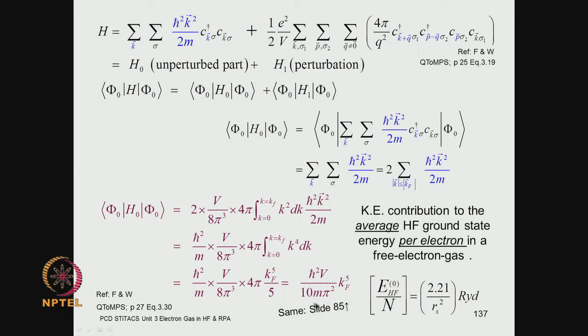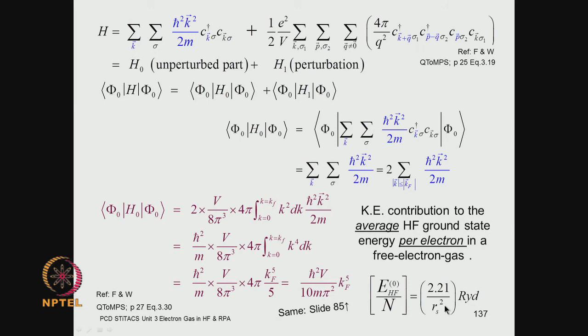It is the same term as we got when we discussed the Hartree-Fock technique, and this is nothing but 2.21 by Rs squared in Rydberg units. We have discussed this in our previous classes. You can refer to the earlier slide to look at how this translates into 2.21 by Rs squared. So, you will remember this from our previous discussion. This is the same as the result that we got from Hartree-Fock.